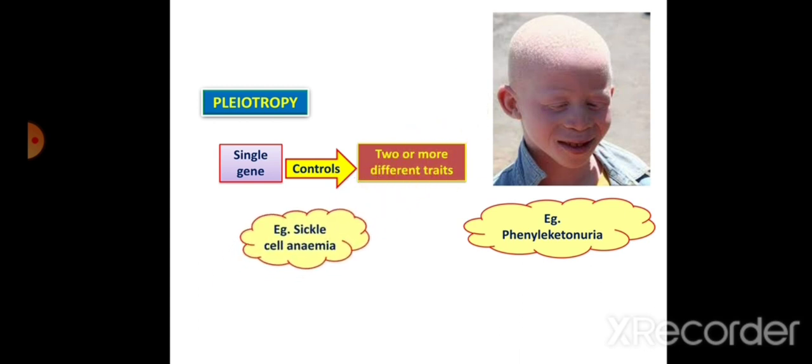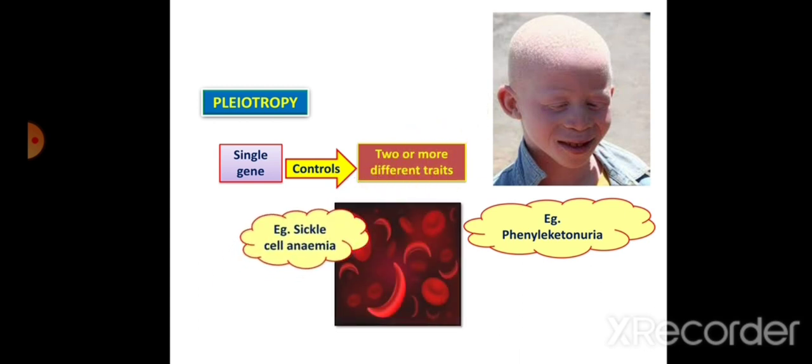The other example, sickle cell anemia, is related to our RBCs. Our RBCs are disc shaped, but the patient suffering from sickle cell anemia will have sickle shaped RBCs. We are going to study sickle cell anemia under the point mutation category, so for this video, we'll restrict ourselves to phenylketonuria.